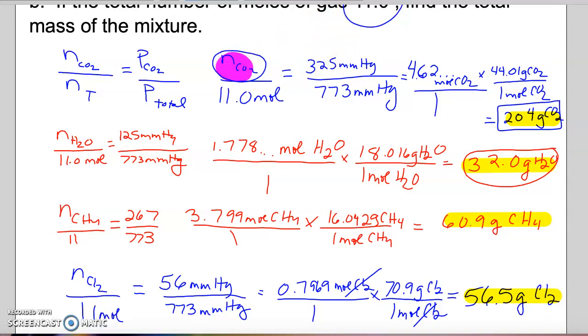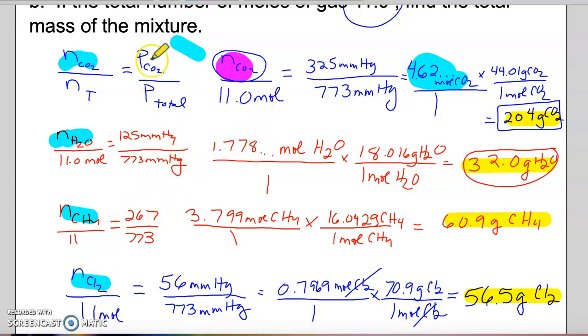When I get my moles of carbon dioxide, because they're asking me for the mass of the mixture, I'm going to convert that to grams. That is why I'm really going to have to solve for the moles of each of the substances in the mixture. So I'm going to solve for moles of water, moles of carbon dioxide, moles of methane, and moles of chlorine.